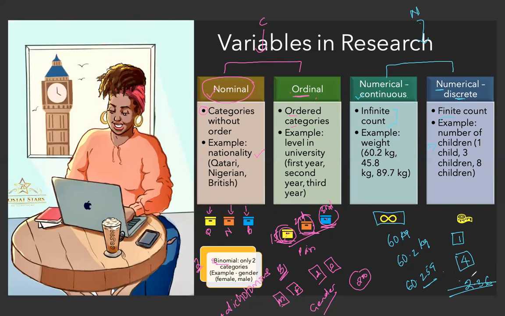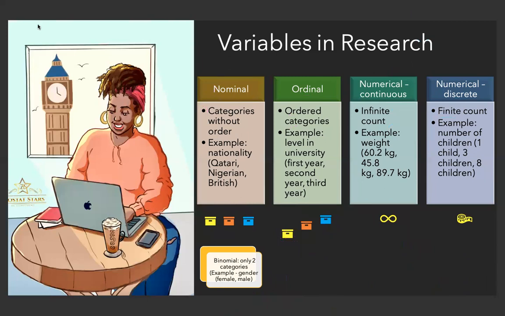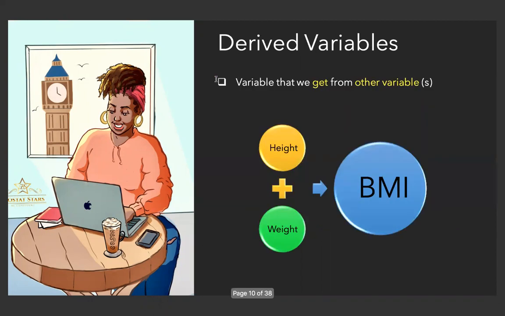You could also have 2 children or 3 children, but not 2.3. So it has to be a whole number count. This is what the numerical discrete variable is talking about, okay? So I hope that makes sense, and this is really what we need to understand about the variables.